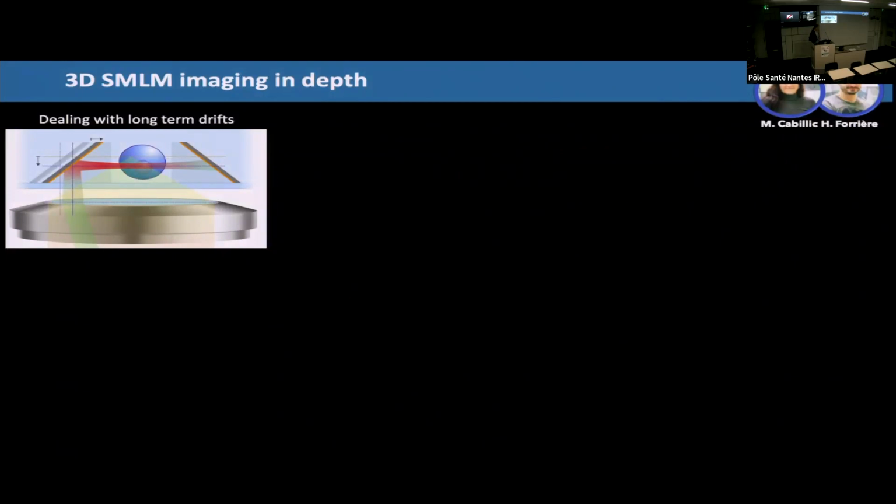So we said, okay, we have this micro mirror, we have this polymer here which protects the mirror, so we can put some fiducial markers here.